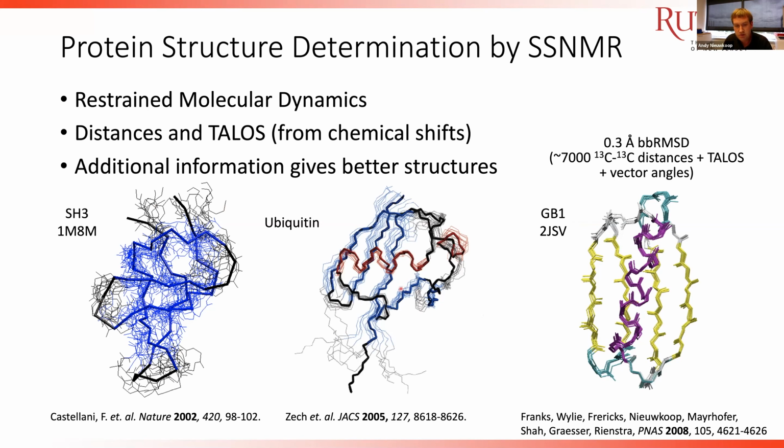By adding more restraints, more distances per atom, you can get something that looks like this ubiquitin structure. And then finally, when you got to the GB1 structures that Chad, my PhD advisor at Illinois, was calculating during my time there, you have a whole lot of restraints, and you actually can get a very clean backbone here. The difference is from a few restraints all the way up to a ridiculous number of restraints, 7,000 carbon-carbon distances.